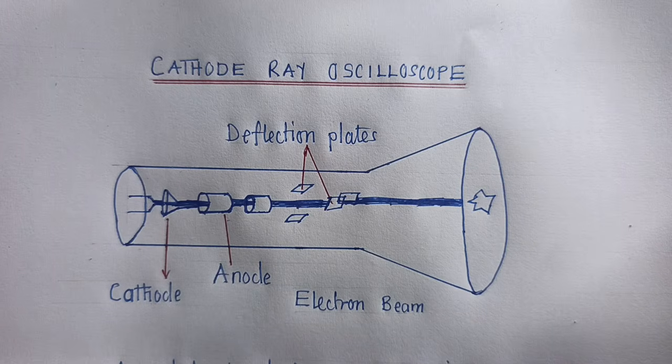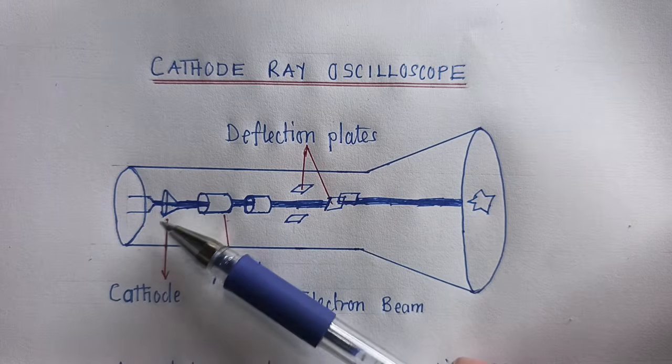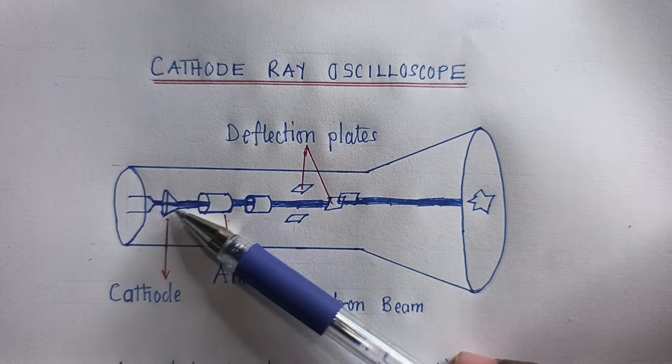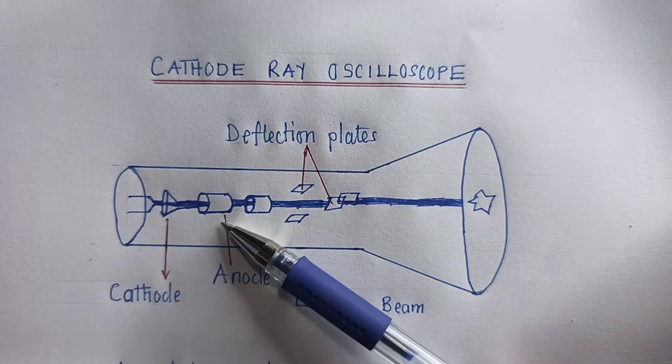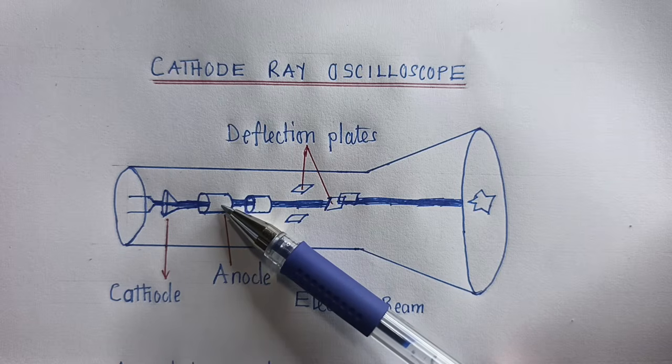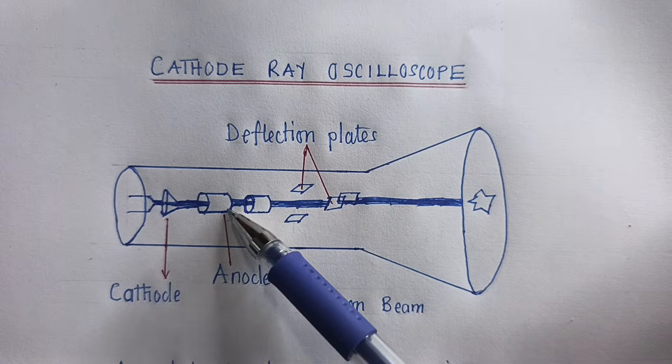So when you're asked what is the function of the cathode, the cathode produces or releases electrons. And when these electrons are released, they are attracted by this anode because it's positively charged.